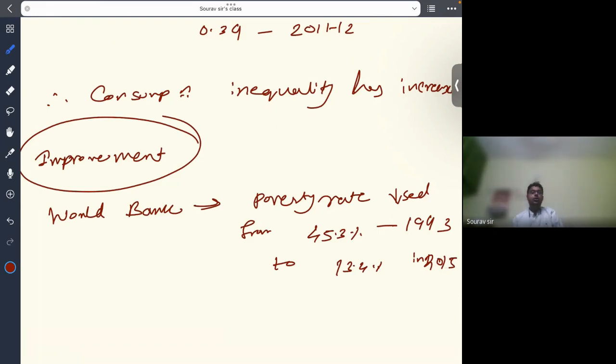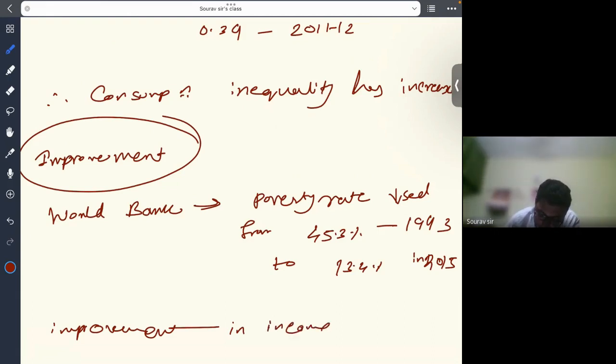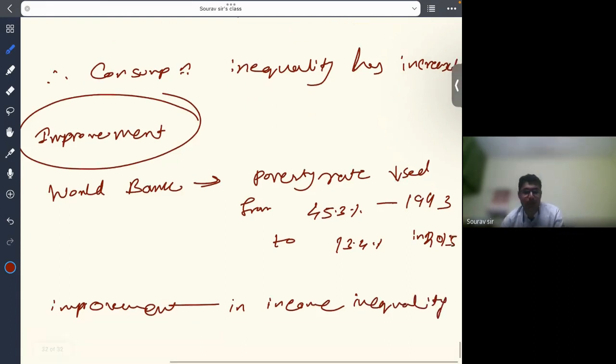Additionally, the Gini coefficient for household income in India has decreased from 0.39 in 1993-94 to 0.35 in 2011-12, indicating some improvement in income inequality also. So these are some positive trends.